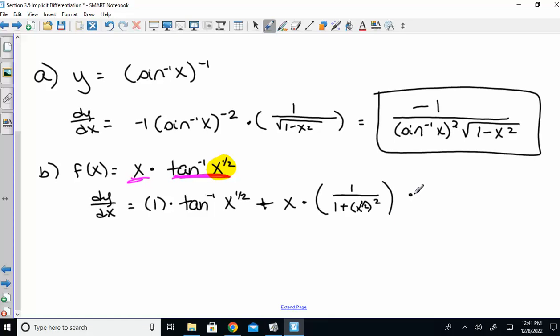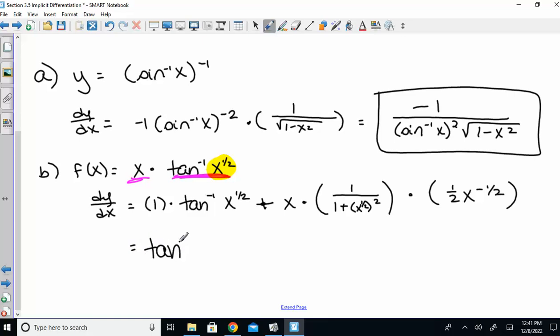Okay, chain rule times derivative of the inside. So the derivative of x to the 1/2 would be what? 1/2 x to the negative 1/2.